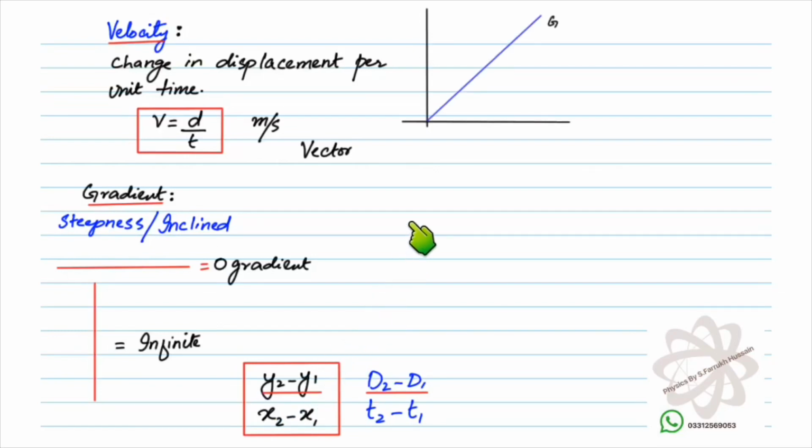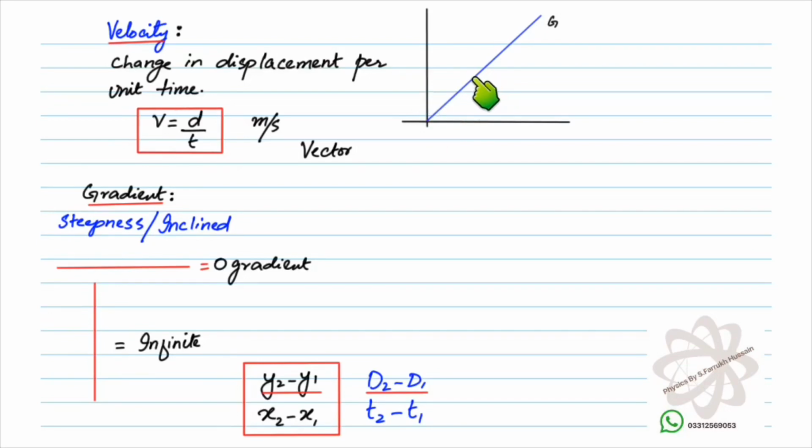This line is neither horizontal nor vertical, but this line is straight. So the gradient of this line will not be 0 and will not be infinite. It will be more than 0 and less than infinite, so I can call it non-zero gradient. Since the line is straight, its gradient is constant, and since the value of y is increasing, its gradient is positive.